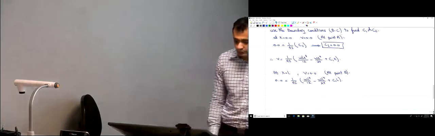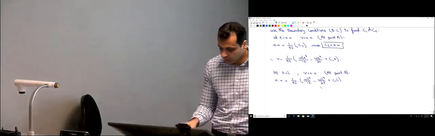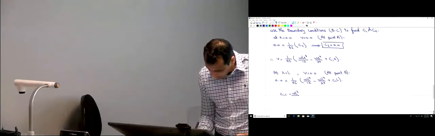Solve for C1. Just move those two terms to the left-hand side of the equation and then divide by L to find C1. So you're going to find that C1 is equal to negative W L cubed divided by 24.